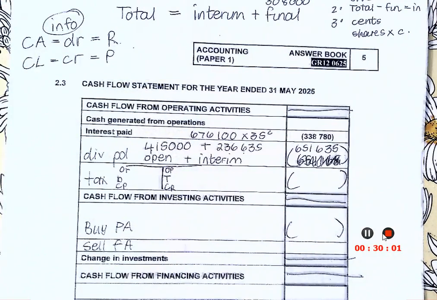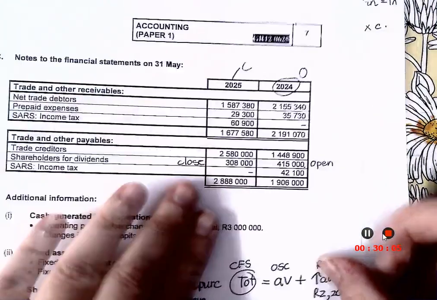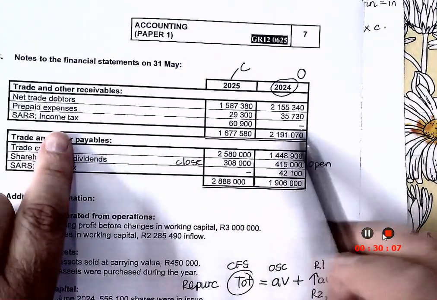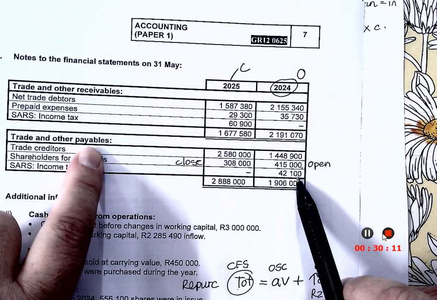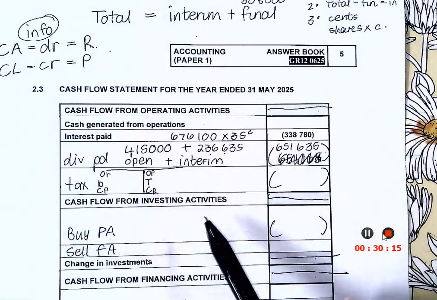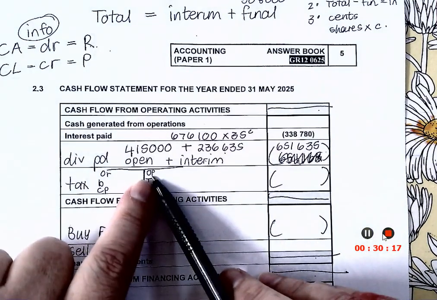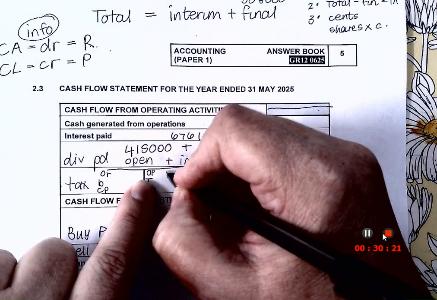Okay, now let's go look. In 2024, where do I see SARS? I see SARS with payables. Payables means credit, you see? So I put it in there, the 40 100.